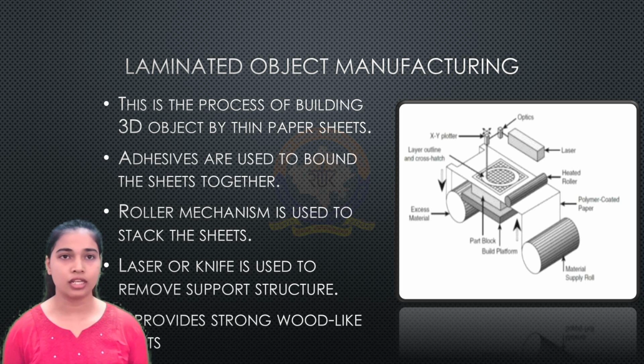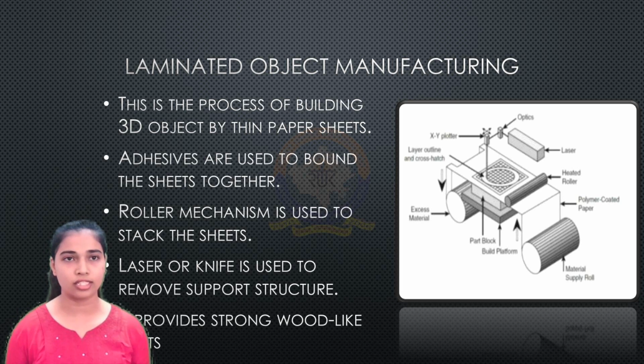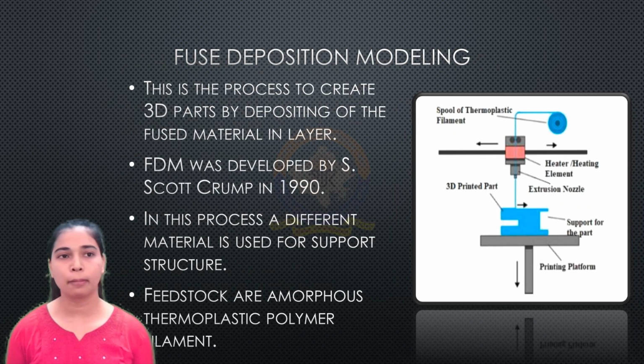Once a layer is processed, the platform is brought down vertically by a length equal to the layer thickness. A new laminated sheet is pulled on the carriage and then reprocessed. The same is repeated so as to achieve the final product. Moving to the next slide. Next is fused deposition modeling.